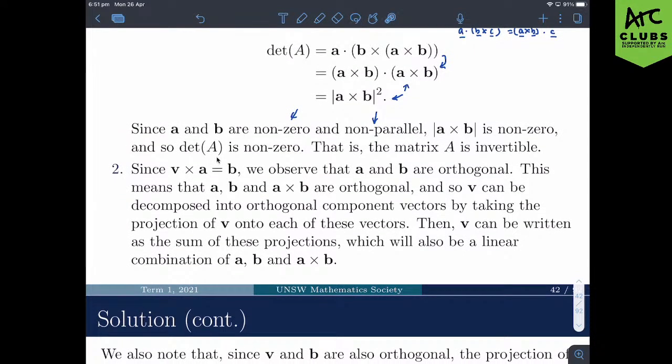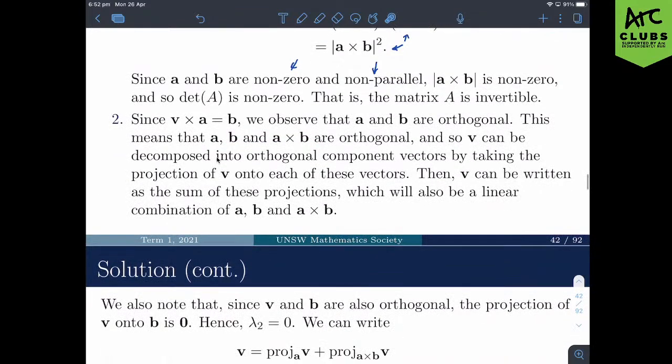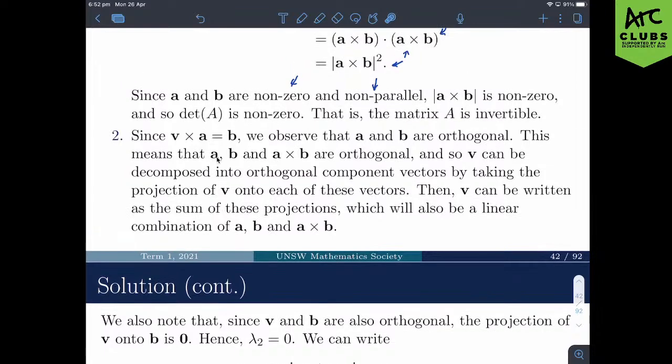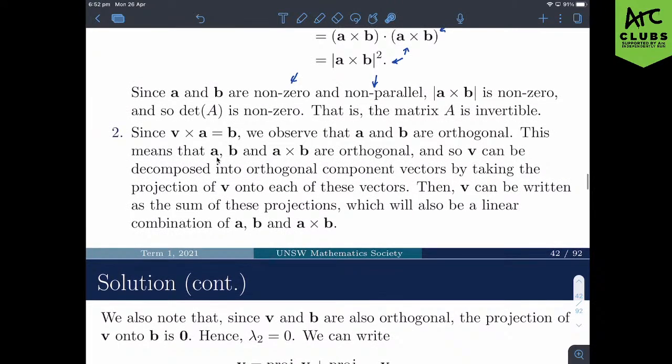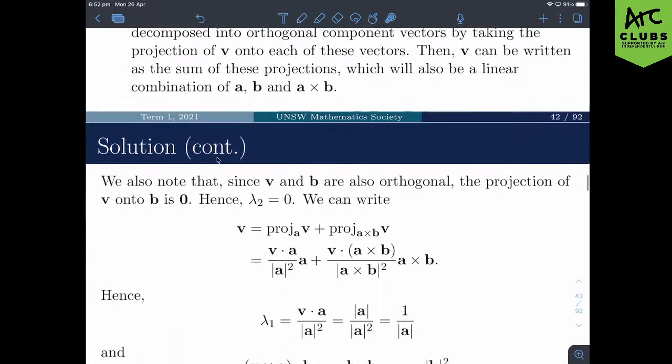So let's have a look at the solution in words. As I said previously, since V cross product A is equal to B, A and B are orthogonal. And since A, B, and A cross product B are orthogonal, V can be decomposed into orthogonal components by taking the projection of V onto each of these vectors, and then V can be written as the sum of these projections, which will also be a linear combination of A, B and A cross product B. So that's what I do on the next slide.